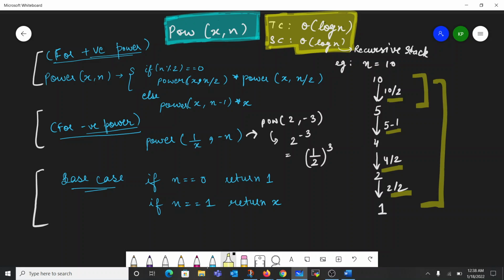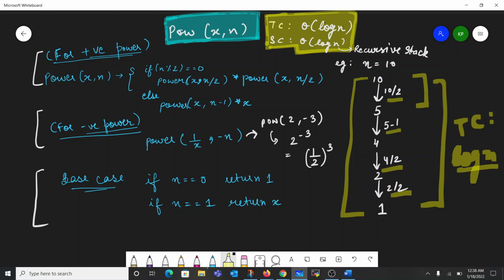So that's why the time complexity is simply log of n, and the space complexity is also log of n, because the maximum height of the recursive stack would be this only. So that's why space complexity and time complexity both are the same here.